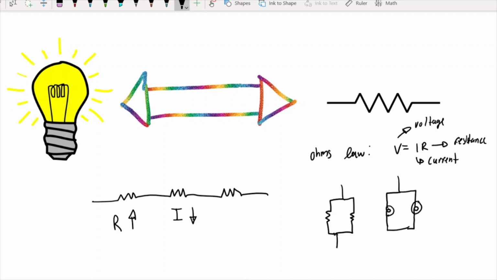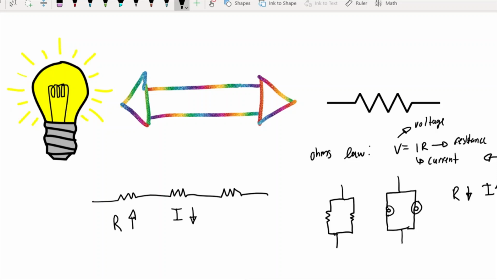It's actually going to be brighter compared to if you have two in series, for example. If you add resistors in parallel, the resistance is going to go down, and the current effectively is going to go up, as you can see from the Ohm's law relationship right there.